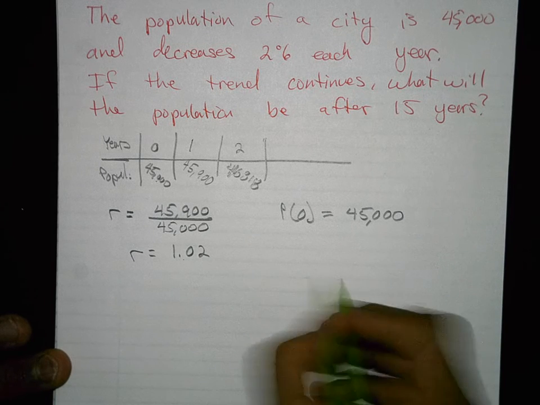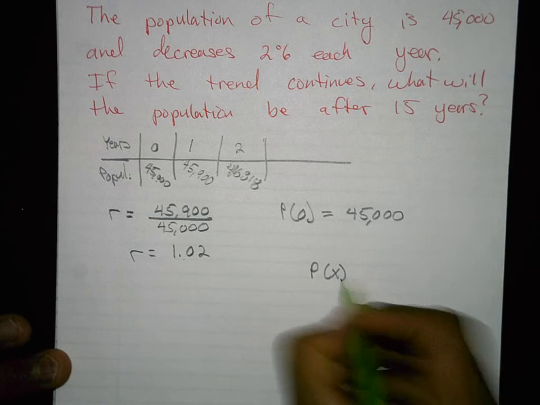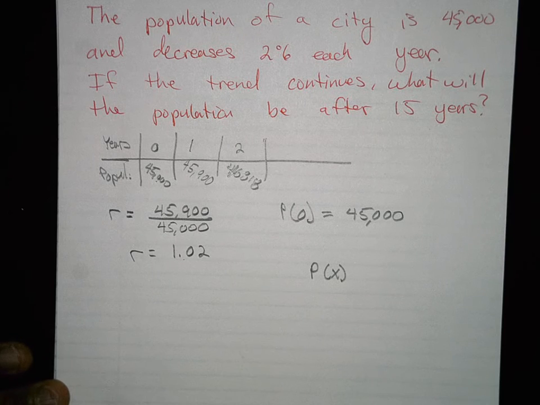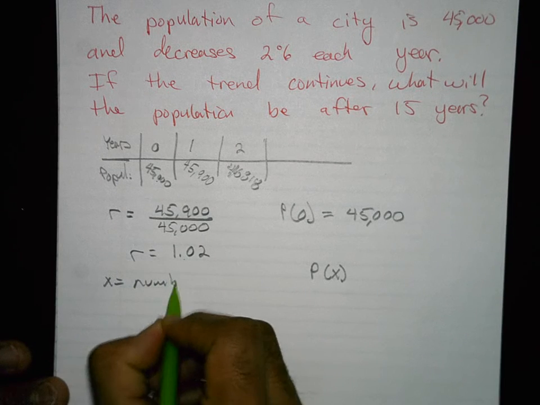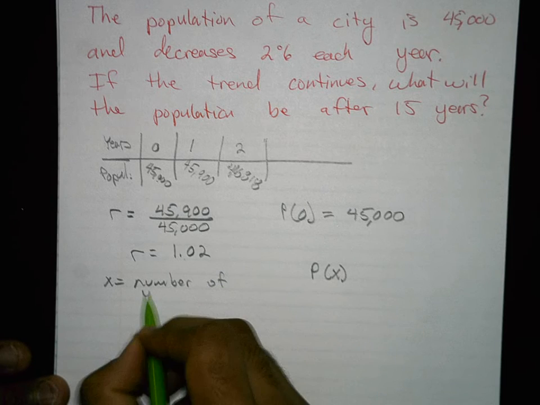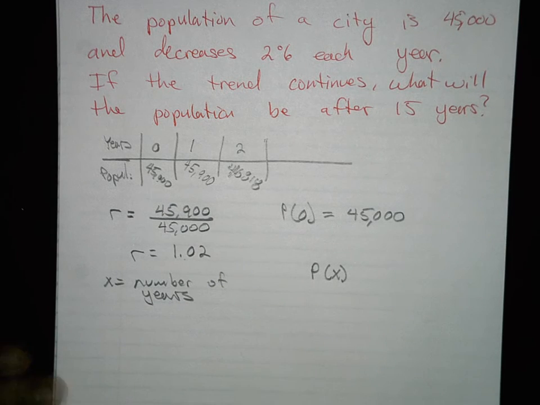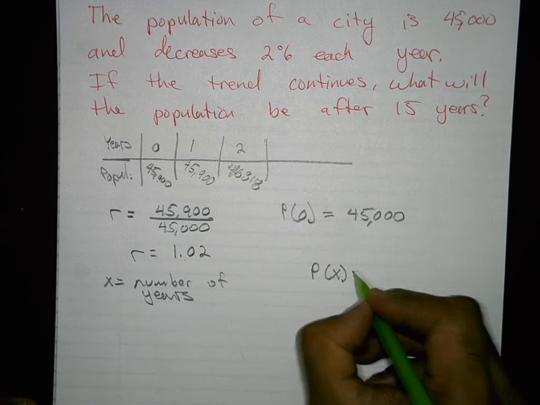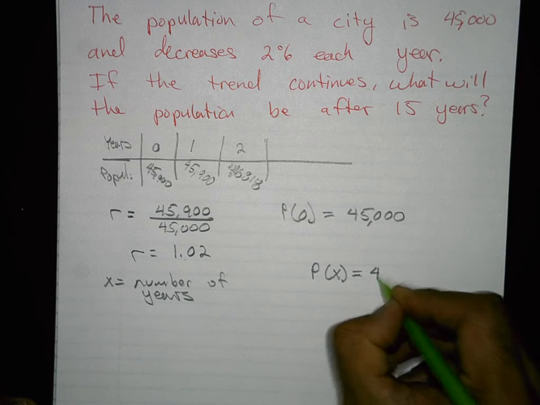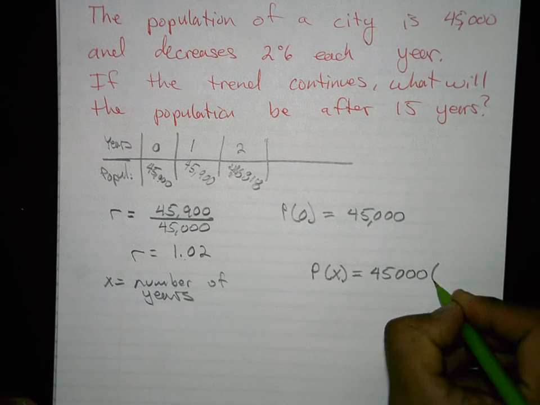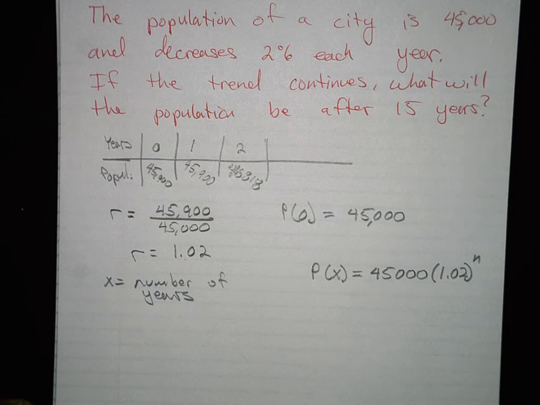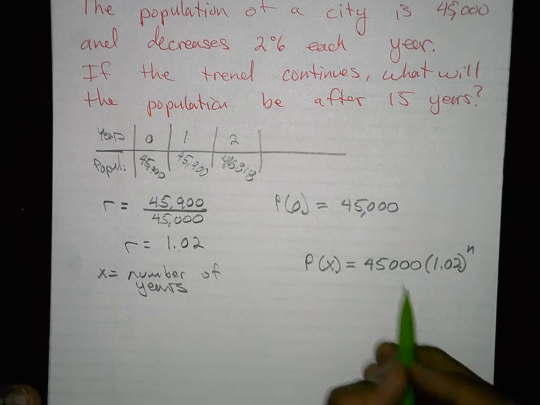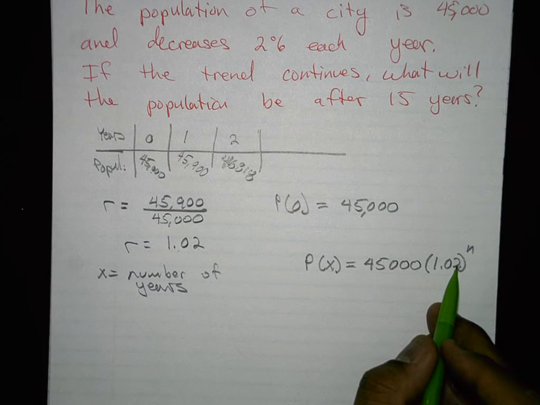P of X, where X is the number of years, is equal to my initial amount, or my starting value, times the R value to the X. So that is my formula, or my function that will tell me what happens.